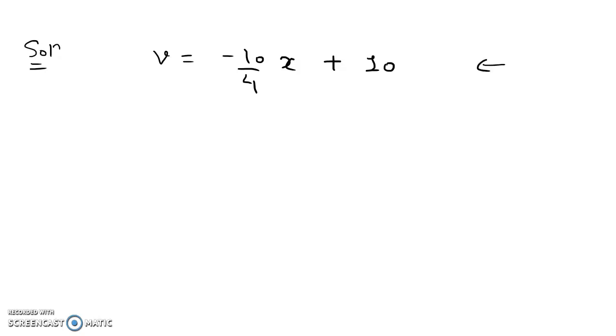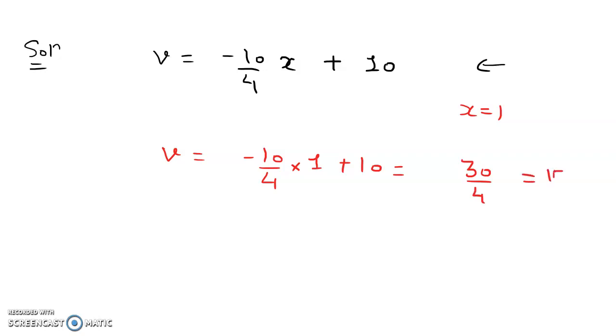Now if I need to find V at X equal to 1, just put X equal to 1 over here. I think X was 1 in the problem. So this would become 30 over 4 or 15 by 2. So velocity is 15 by 2 at X equal to 1.